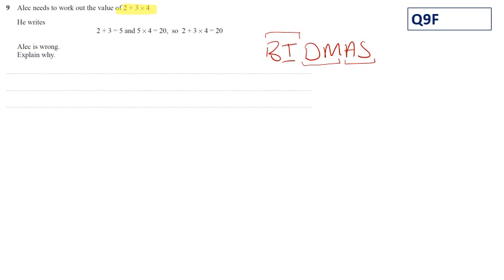I'm going to need to prove it by actually using BIDMAS on the highlighted calculation. So 2 plus 3 times 4, I'm going to need to do the multiplication first because that comes first in BIDMAS before the addition here. So 3 times 4 is 12, so I'm going to do 2 plus 12, and then 2 plus 12 is 14. So Alec is wrong.